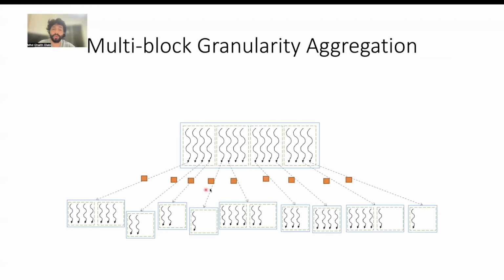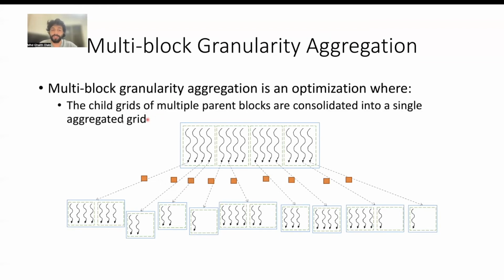We also apply our third and last optimization, multi-block granularity aggregation. It is an optimization whereby the child grids of multiple parent blocks are consolidated into a single aggregated grid. So we take this example where we have 4 parent blocks, each with a certain number of threads doing dynamic launches.